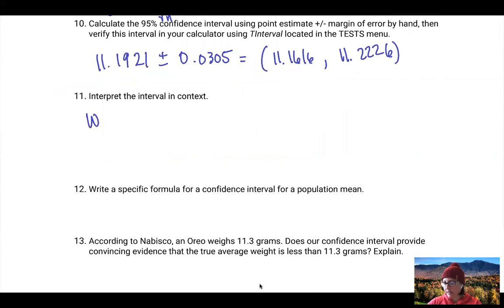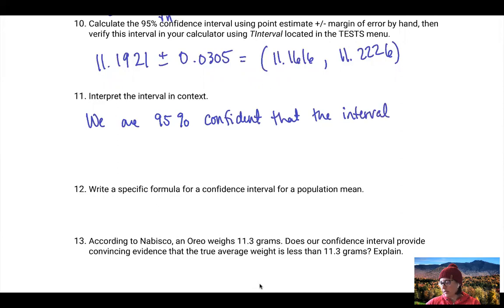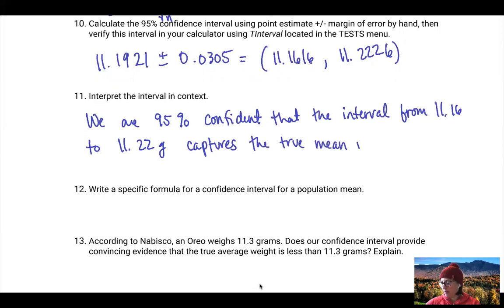So we're going to say we are 95% confident that the interval from 11.16 to 11.22 grams captures the true mean weight of Oreos.